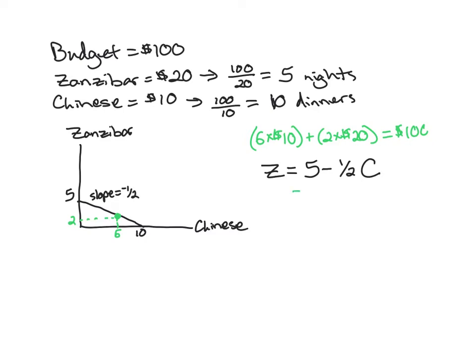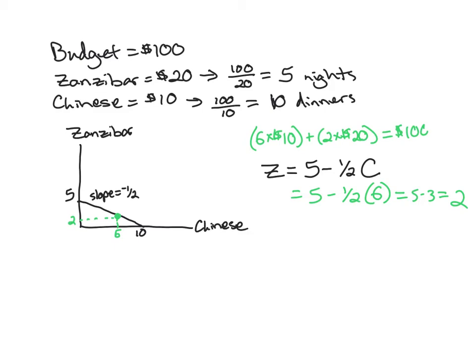So here, let's say we plug in for Chinese restaurant trips. Can she go there 6 times and still have enough money left over to go to Zanzibar twice? So 5 minus 3 would be exactly 2 trips to Zanzibar are possible, and that's what she's choosing. So yes, this is all possible.